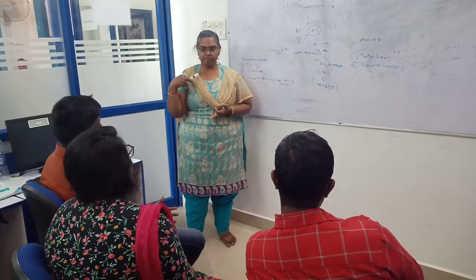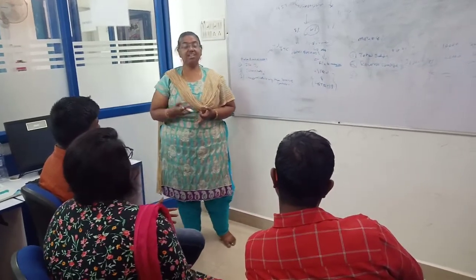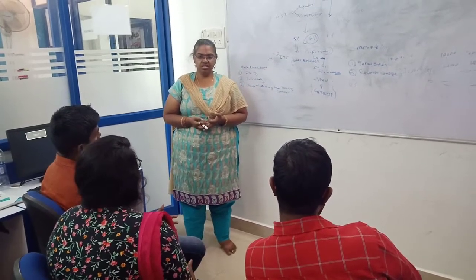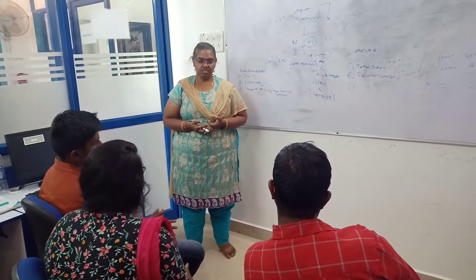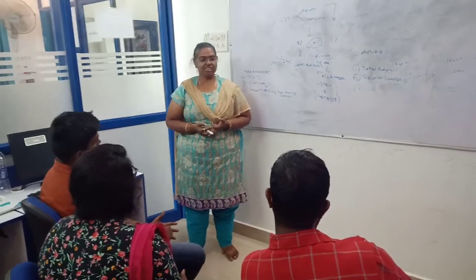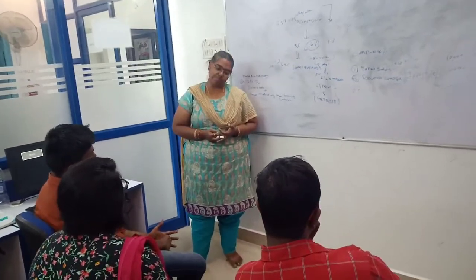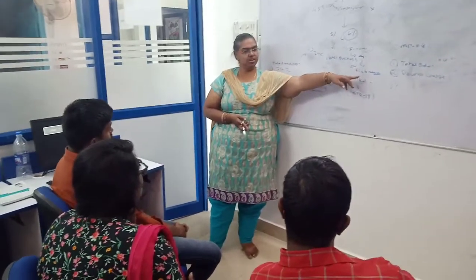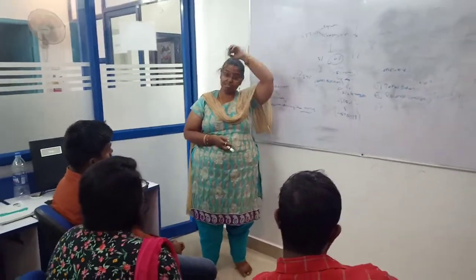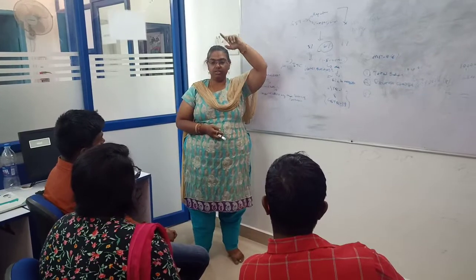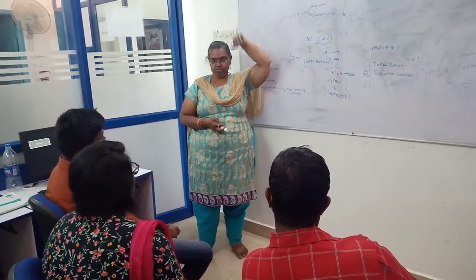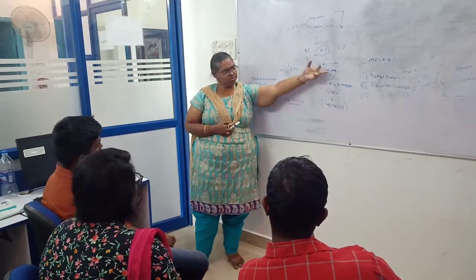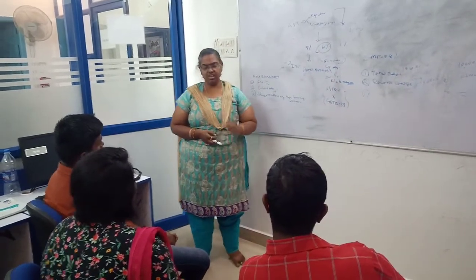You have to make the payment from your own side. Then unregistered purchase, we are also paying that, yeah, that is called reverse charge. That applies both in case of regular and composition. In this case specifically you have a column to fill it up. There also in 3B, sir would have told you the specific column to fill it up. I hope so. So in that also you will have the total sales and the total reverse charge.